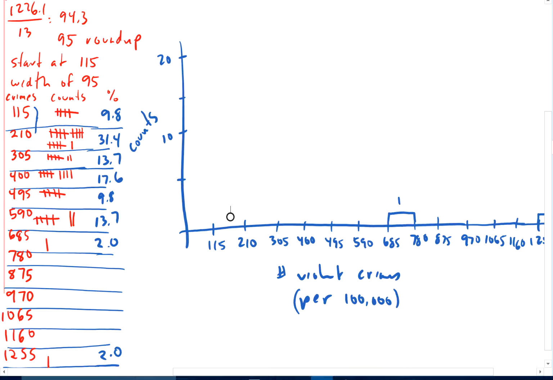Okay, so 590 to 685 is 1. I'm sorry, 685 to 780 is 1. 590 to 685, we got over here is 7, right? Knowing that this is 5 right here. Then we got 5 and the one right before it.